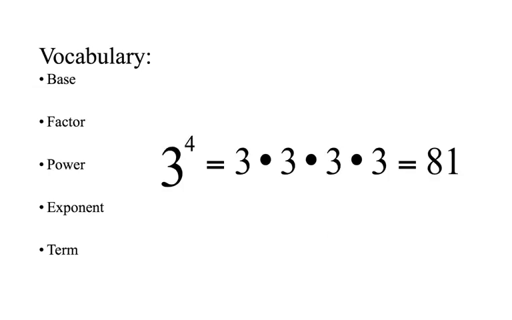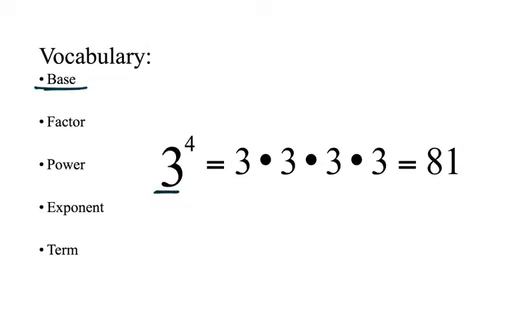Okay, so let's do some quick vocabulary. Some of these words you've seen before, so we're just going to go over them real quickly. I wrote this problem, 3 to the 4th power equals 3 times 3 times 3 times 3 equals 81. And I want to show you the parts of this number. So let's talk about the base first.